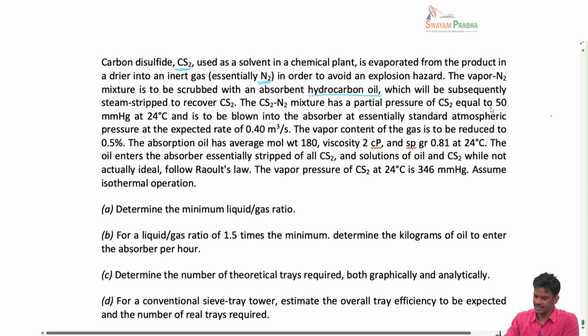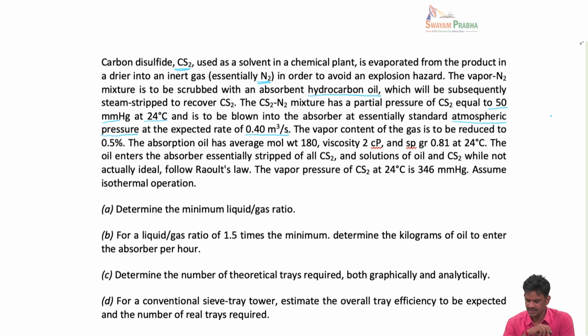Okay, so this tells you about the initial composition, and this is to be blown into the absorber at essentially standard atmospheric pressure at the expected rate of 40 meter cube per second. The vapor content of the gas is to be reduced to 0.5%.